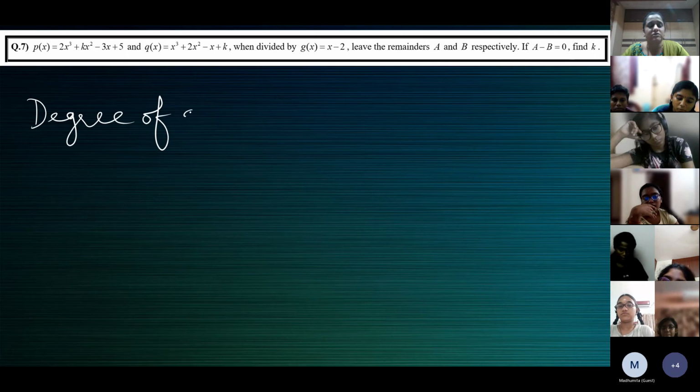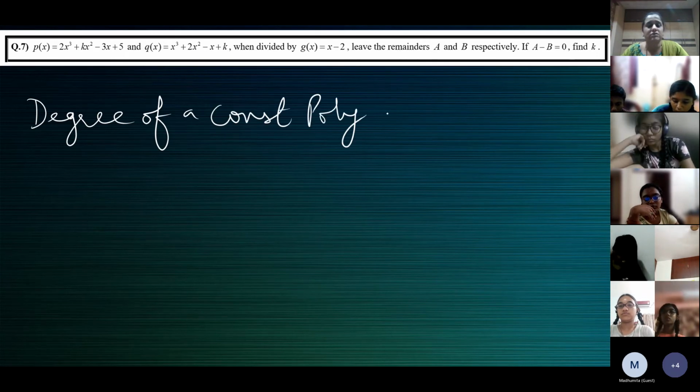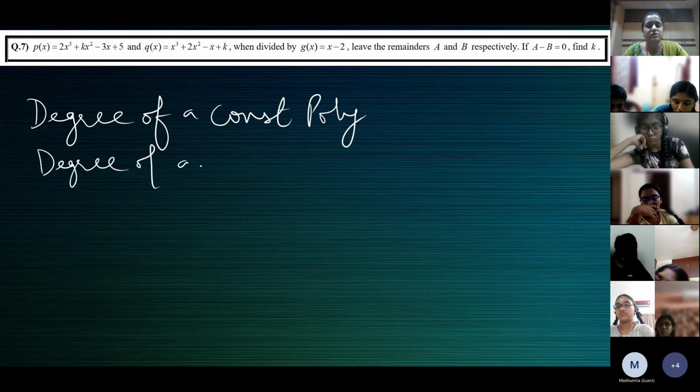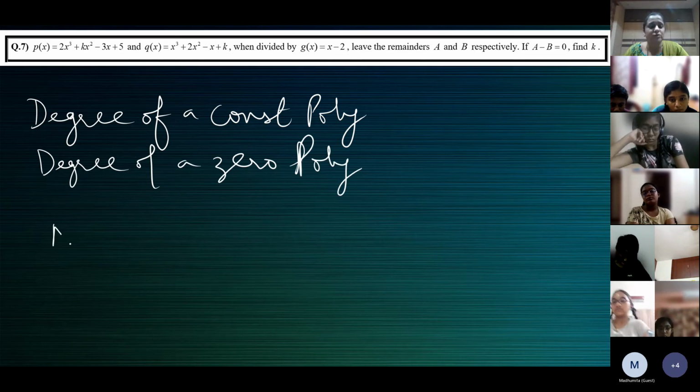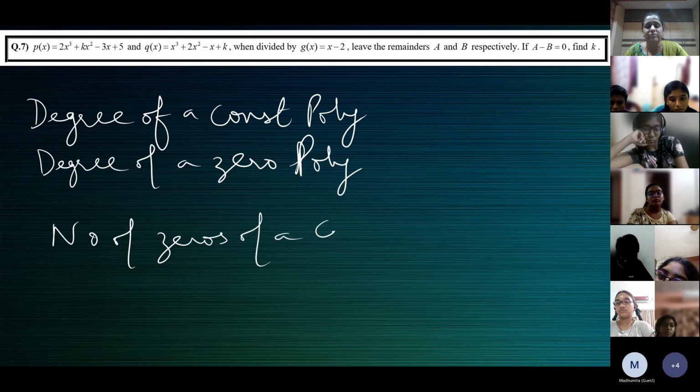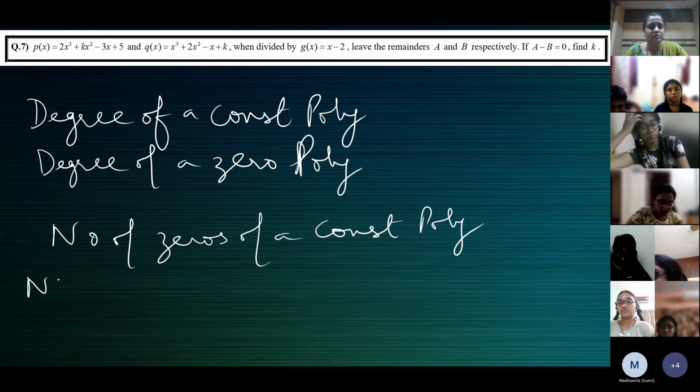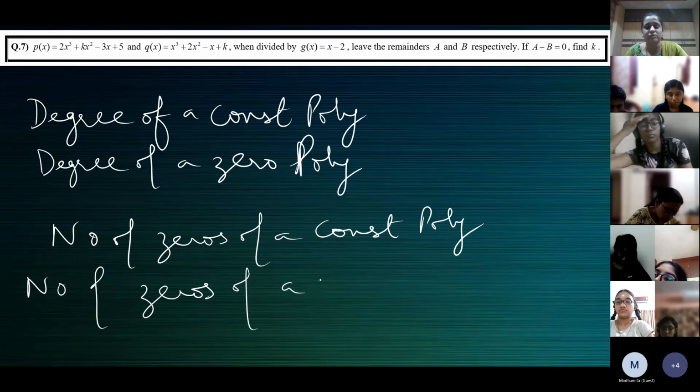We need to discuss the degree of a constant polynomial, the degree of a zero polynomial, the number of zeros of a constant polynomial, and the number of zeros of a zero polynomial.